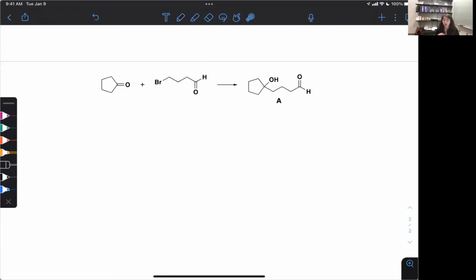So what we need to do, if we still want to have this aldehyde intact, is protect it so that it won't be seen or detected by the Grignard reagent. A good way to do that is to make it into an acetal. So if we just add in our ethylene glycol here and some sort of acid, and I'm fine if you just write catalytic H3O plus, that's fine. And then we can make a little note that we want to remove water here so that we force that equilibrium to the acetal.